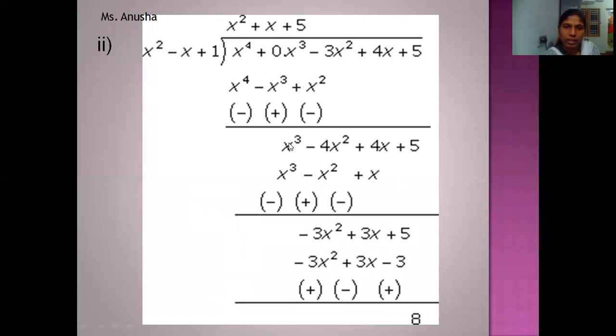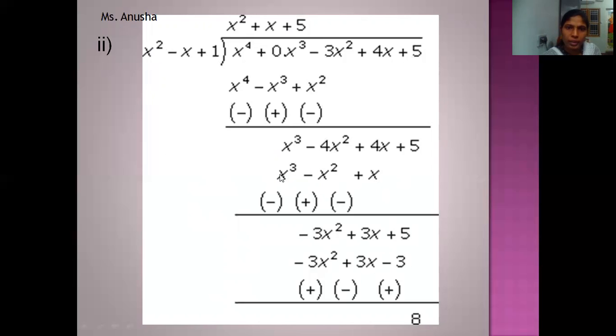See here, take the first term of the polynomial, x cube, divided by the first term of the divisor polynomial, x square. So x cube by x square is x. So plus x I have written here. You multiply plus x with the divisor: x into x square equals x cube, x into minus x equals minus x square, and x into 1 equals plus x.